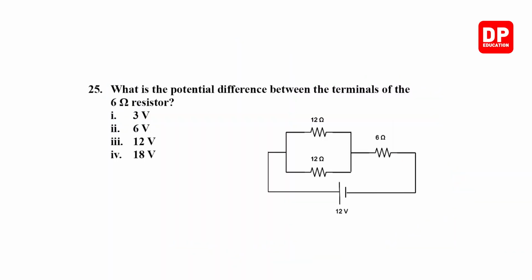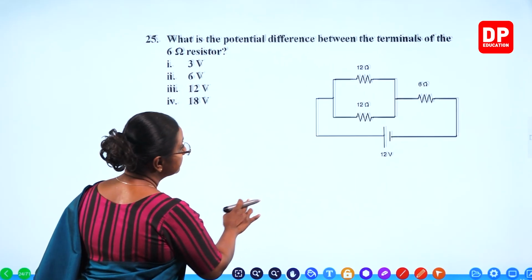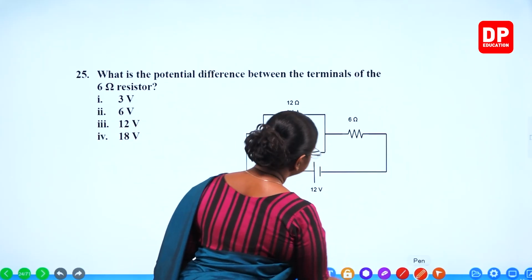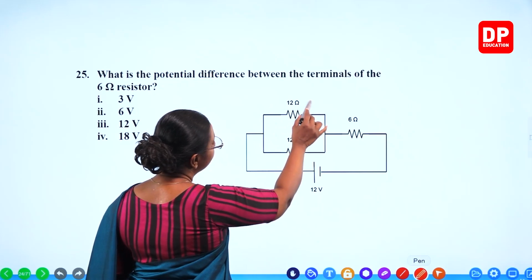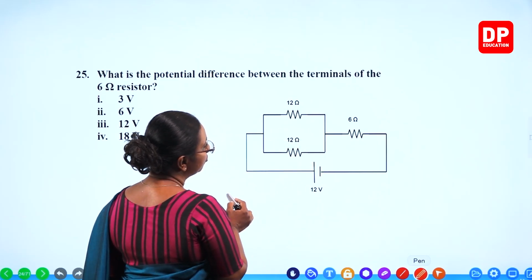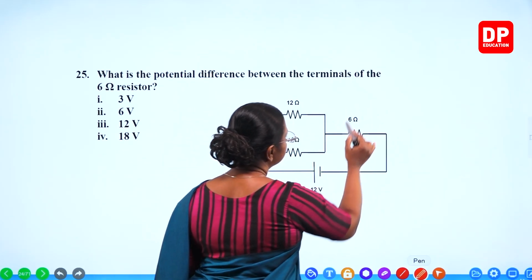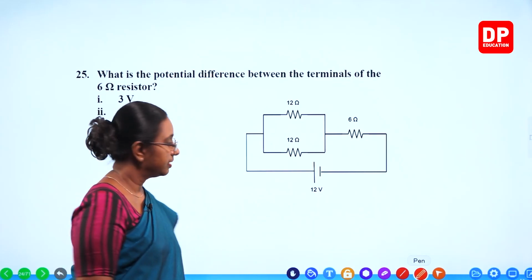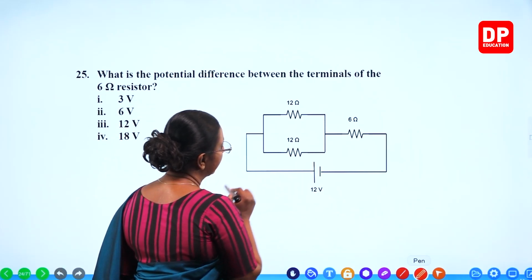25. What is the potential difference between the terminals of the 6 ohm resistor? So look at the circuit. You have a 12 ohm resistor, another 12 ohm resistor, and here another 6 ohm resistor. Potential difference 12 volts.